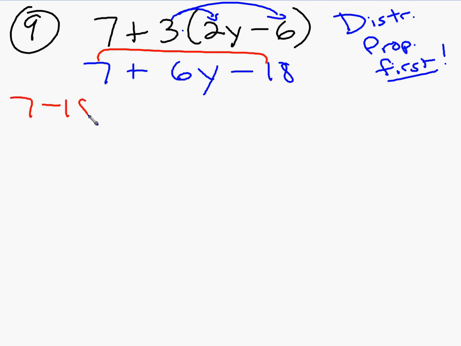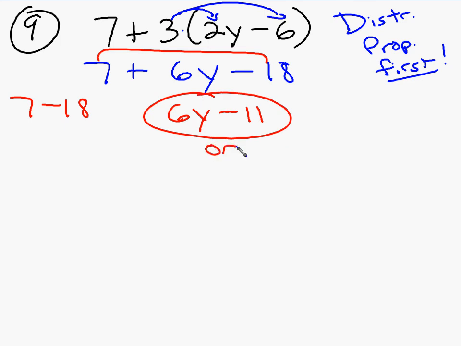What is 7 minus 18? Isn't it negative 11? So my final answer is 6y minus 11. Or you could write it as negative 11 plus 6y. Either answer would work. And we're going to stop there for today.